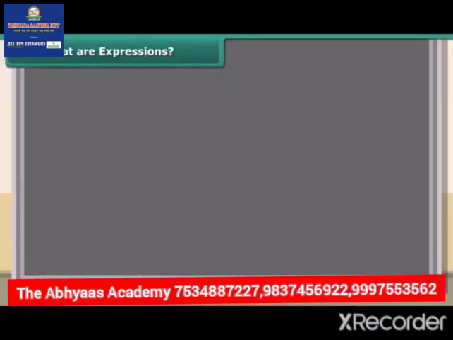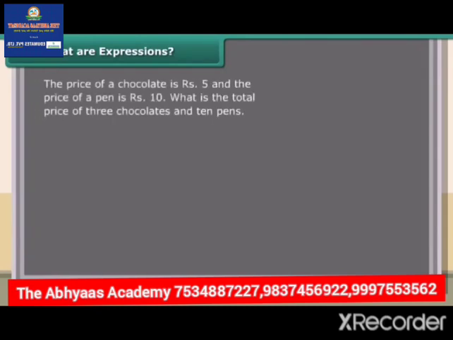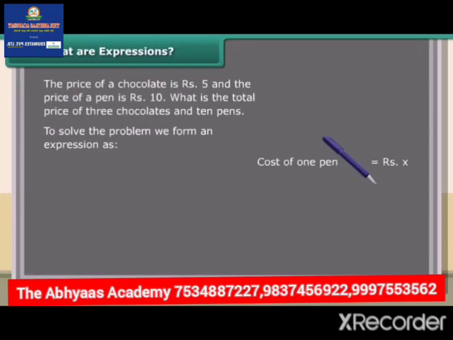What are expressions? The price of a chocolate is ₹5 and the price of a pen is ₹10. What is the total price of 3 chocolates and 10 pens? To solve the problem, we form an expression. Cost of 1 pen is equal to ₹X. Cost of 1 chocolate is equal to ₹Y. Cost of 3 chocolates is equal to ₹3Y.